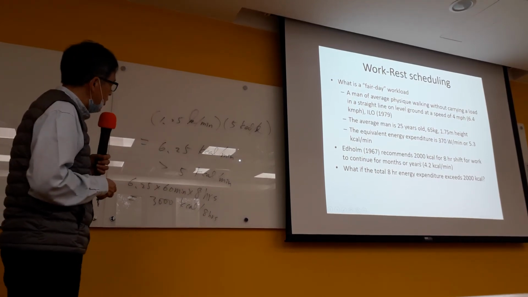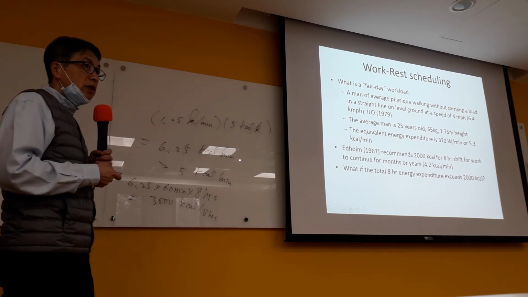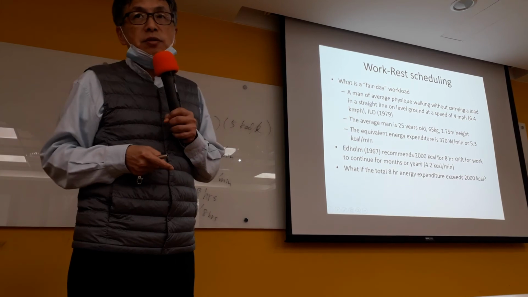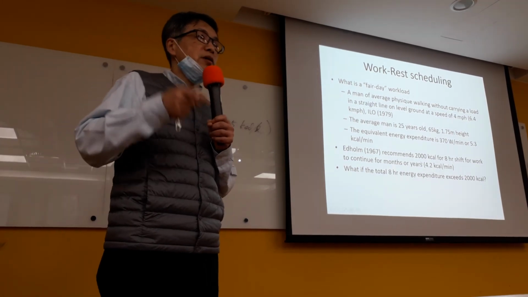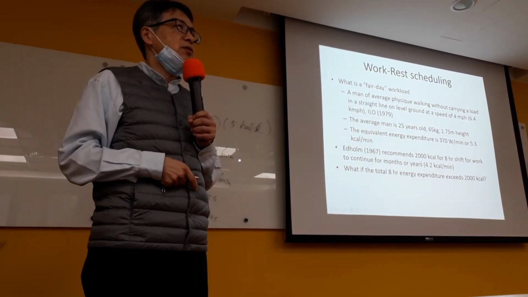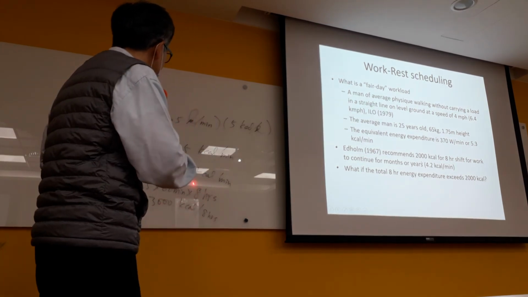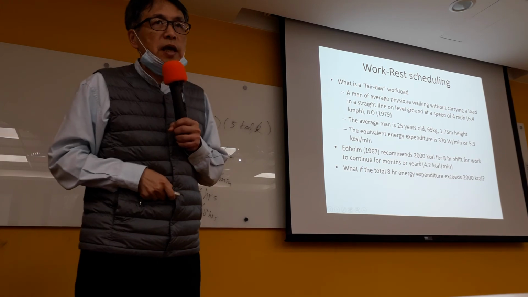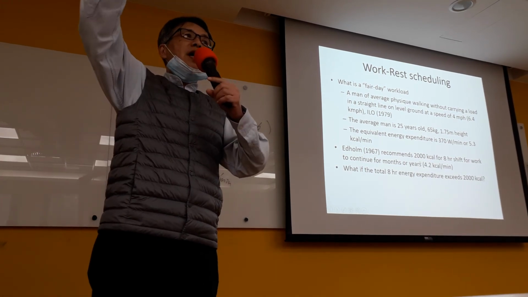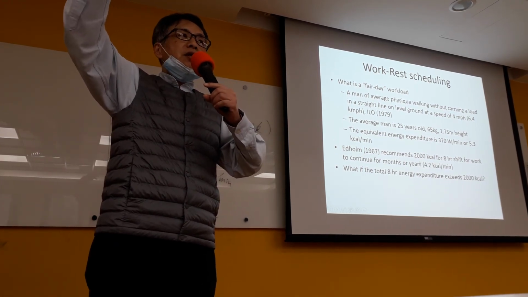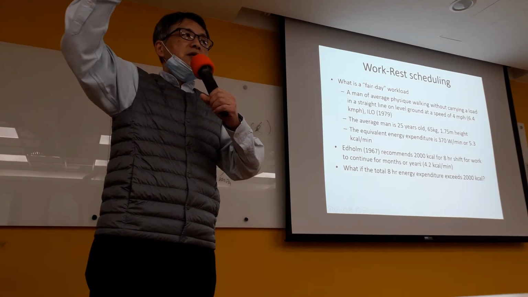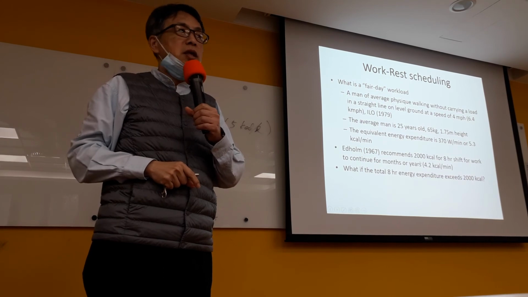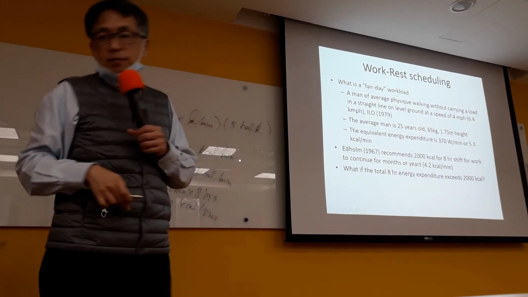Okay, 2,600, close. So that means if you ask this guy to come to the job, he can only work for a little less than 7 hours to keep up with this. That means within the 8-hour work period, he needs 1 hour rest. Okay?